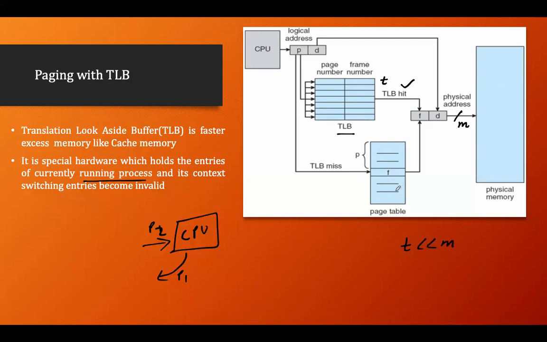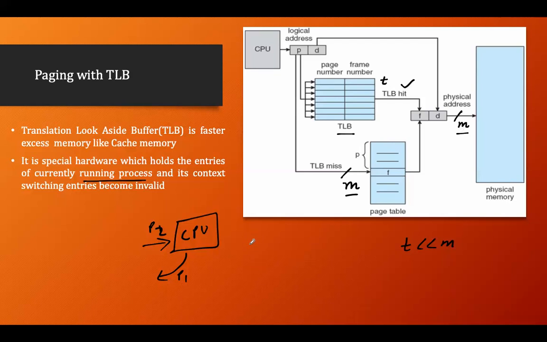Because the page table is also in the main memory, it also takes M amount of time to get the frame number. It will take the frame number and convert the logical address into the physical address. Again, M amount will be taken. So when there is a hit, it will take T plus M time. And when there is a miss, how much time? T plus M plus M, which means T plus 2M.